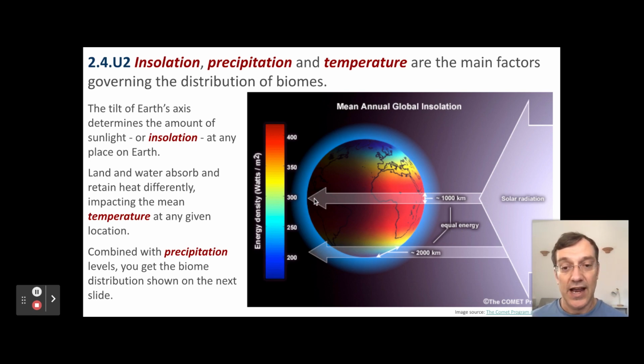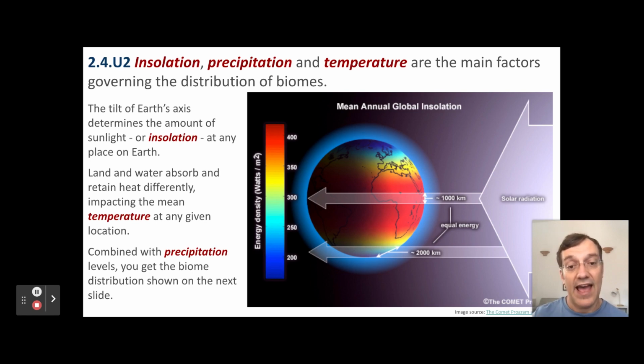Here at the equator, all of that energy is distributed across roughly 1,000 square kilometers. But because of the tilt of our planet, that sunlight is distributed over a much wider or larger area of the surface of Earth. So the same amount of energy is dispersed more thinly across the surface of the planet.